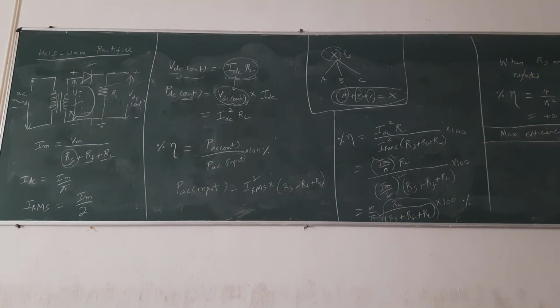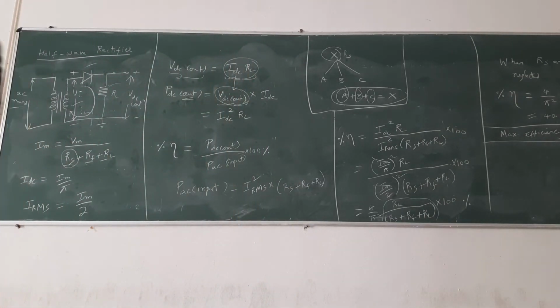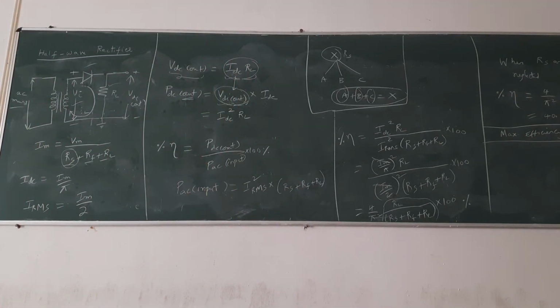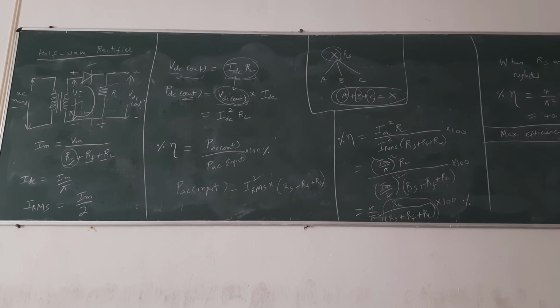Third bit: AC power input. Fourth bit: efficiency of the rectifier.